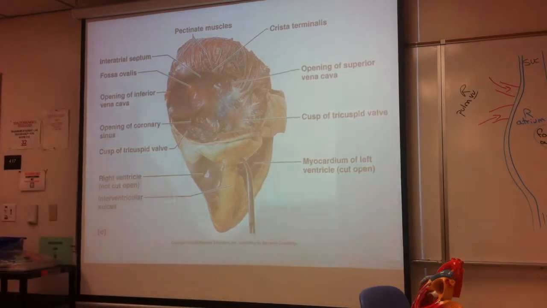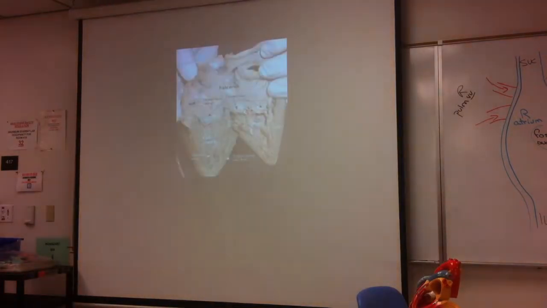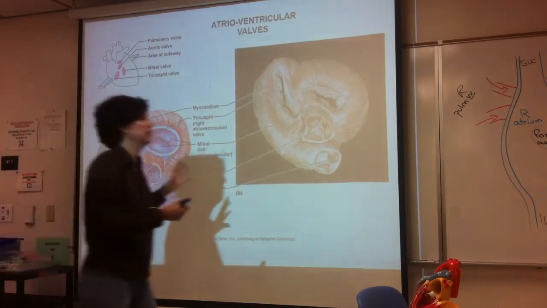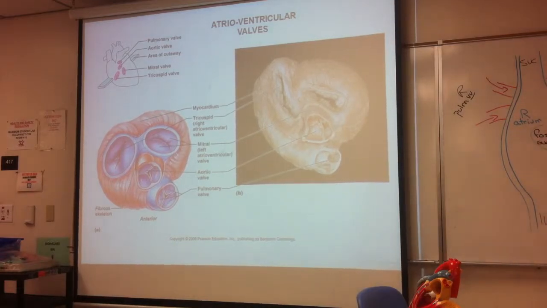So when blood flows into the atrium, it's going to flow directly from the atria into the ventricle. So the heart is at rest most of the time. And the pressure pushes the blood flow through the right atrium into the right ventricle, or through the left atrium into the left ventricle.